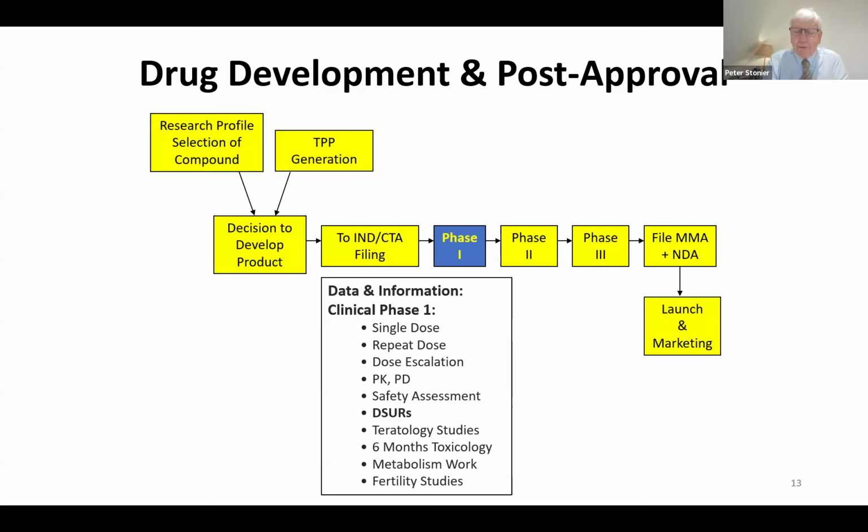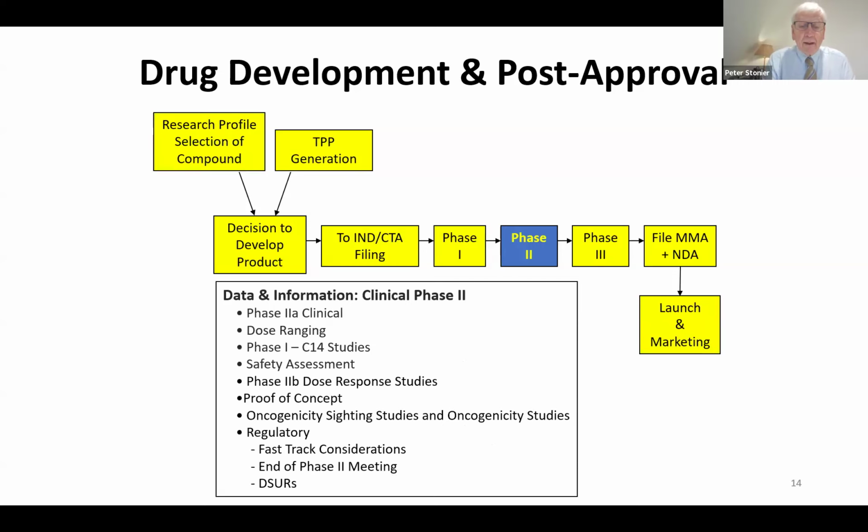So all of this can produce potential safety data. And the same in phase 2. As we go through this phase now, we're moving into the clinical studies in patients with the target condition, phase 2A studies. We're looking at dose finding and dose ranging.